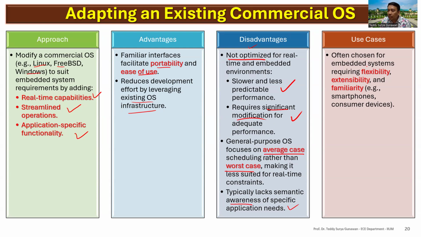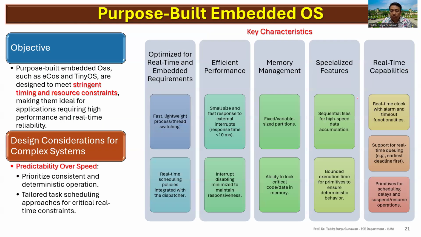Okay, the use case. This is for example for flexibility and familiarity, like for smartphones and consumer devices. You can see that Windows embedded OS has been used for ATM machines and so on, or in display panels.